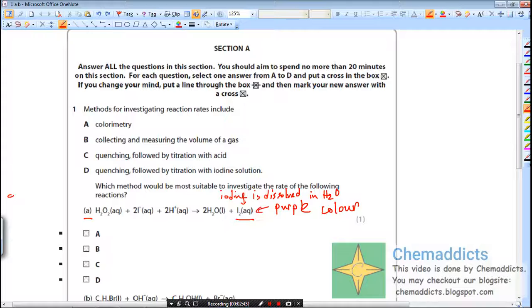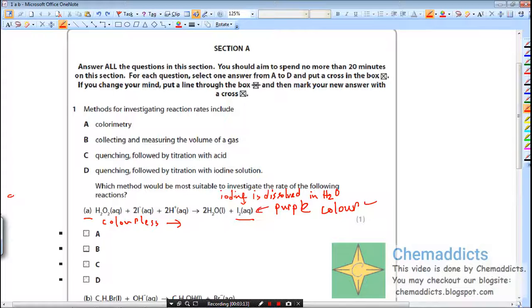So as you can see, the color of the solution would turn from colorless initially, then it would transform into purple color. So here color change can be observed.